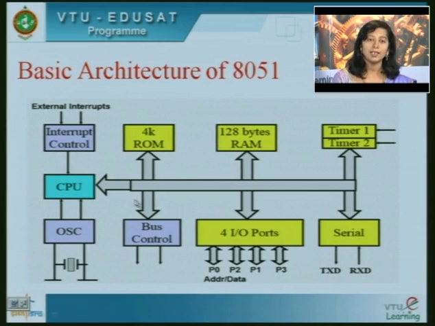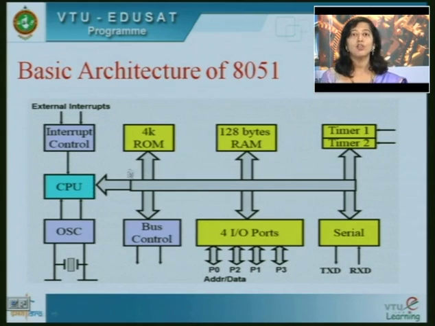So, these buses need to be controlled. When should I send data on the bus? When should I send address on the bus? When should I send some control signal? So, we need so many different types of signals to control the timing of what should be sent. So, you have a bus control unit.